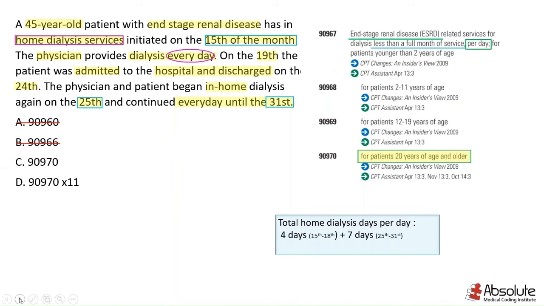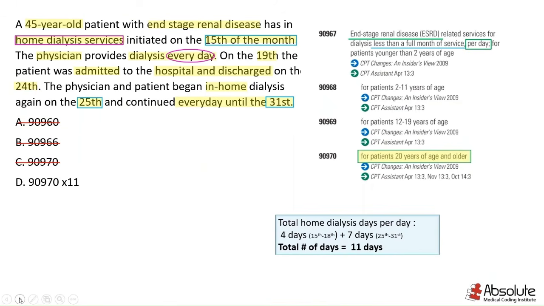exactly, the services were from the 15th till the 18th, and from the 25th to the 31st as well. I'm sorry, 15th to 18th, that's 4 days, and from 25th to 31st, that is 7 days.